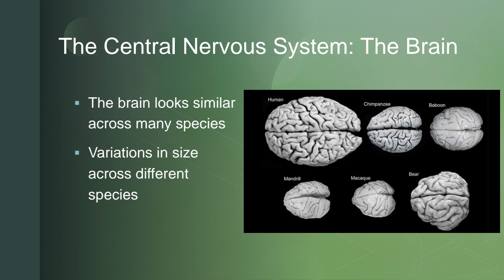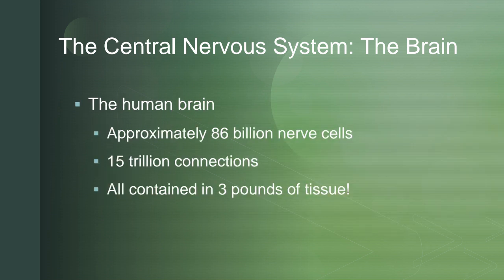So our brain contains many more neurons than the spine does. The brain contains approximately 86 billion nerve cells, and these nerve cells make about 15 trillion connections.